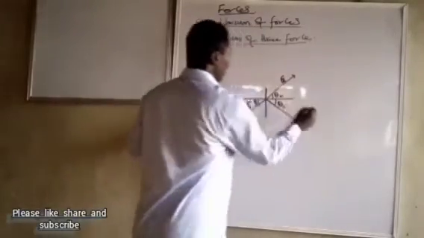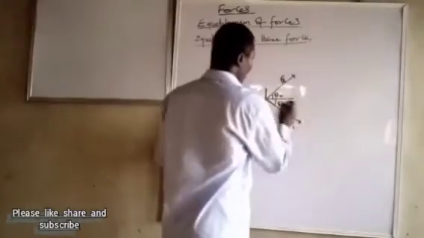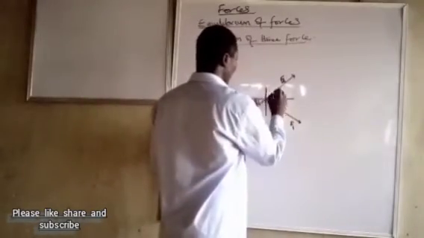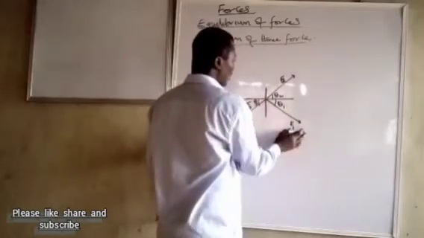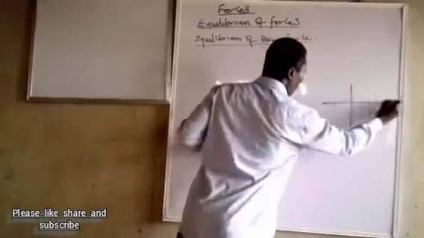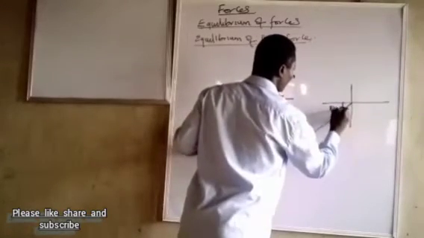Let us say, like I explained the other time, F1 and F2, let's sum it together. By the time you sum F1 and F2 together, it must give you something like this. Now this is theta 2, theta 1. So we are going to have something like this. F3, theta 3.